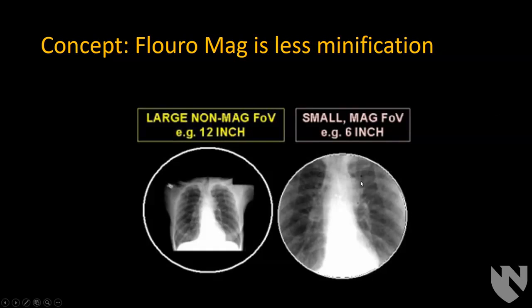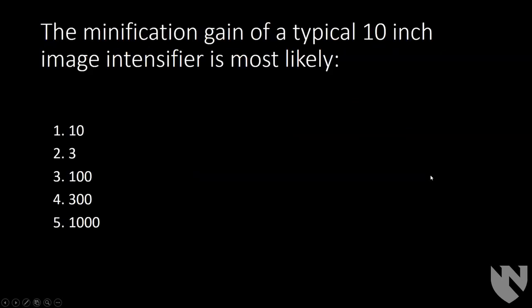But you're also going to have less minification gain, so the image will be darker, so the automatic brightness control will have to up your radiation output. Okay, so the minification gain of a typical 10-inch image intensifier is how much? I'll let you pause and think about it. Okay, there it is, 100.